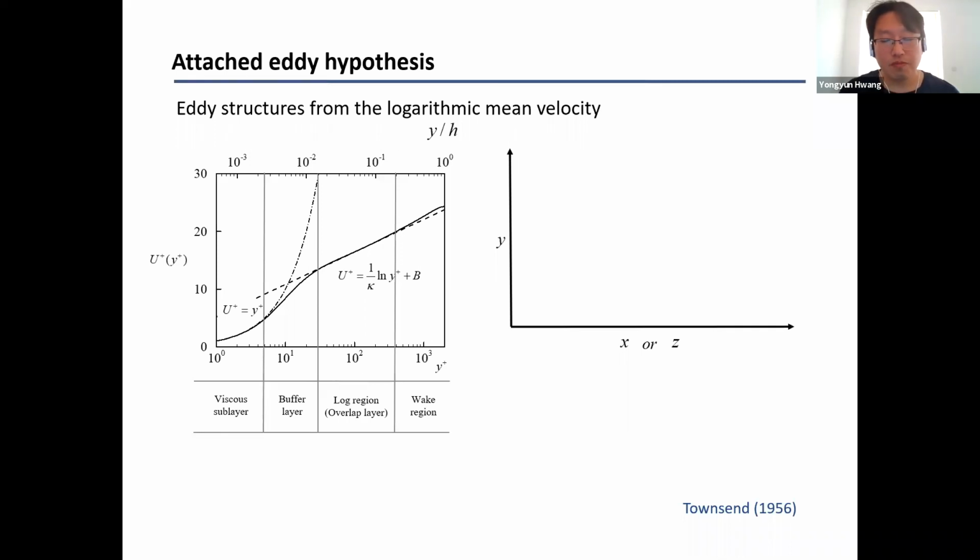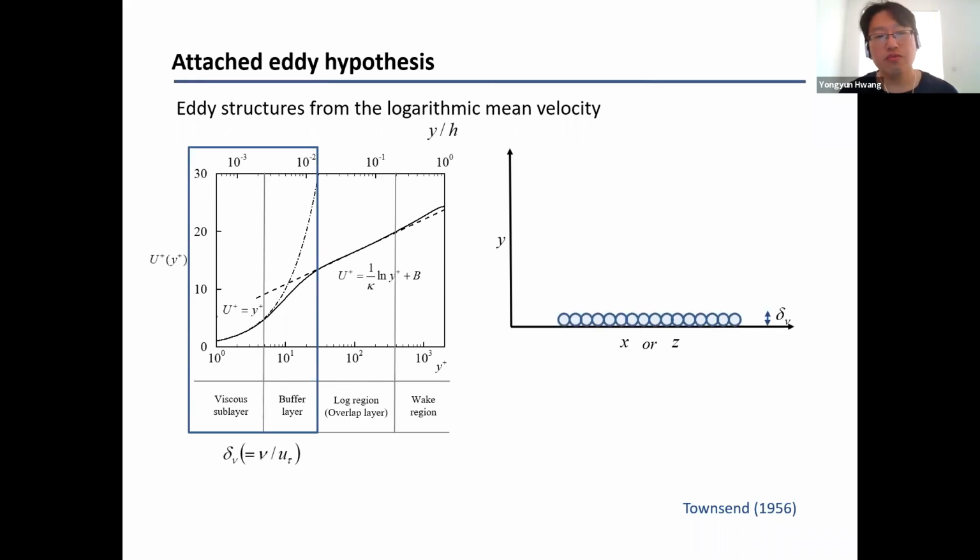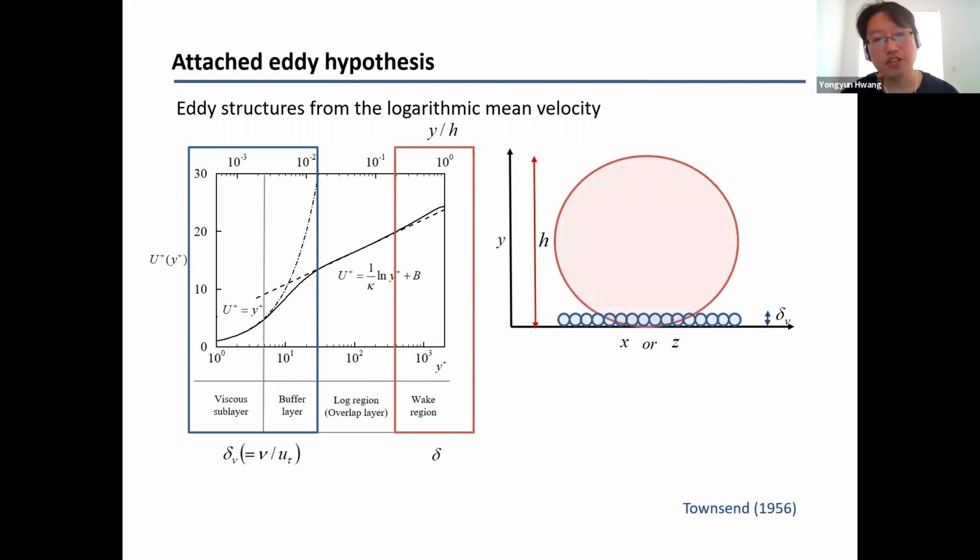Okay, so if you consider the near-wall region, our mean shear scales in inner units, which means the coherent structures or the energy-containing eddies coming from that shear must scale in inner units. Okay, and then if you go to the outer region, you also have to consider the length scale of the global shear, which is h. Therefore, you expect that the largest eddies in the channel flow should scale with h.